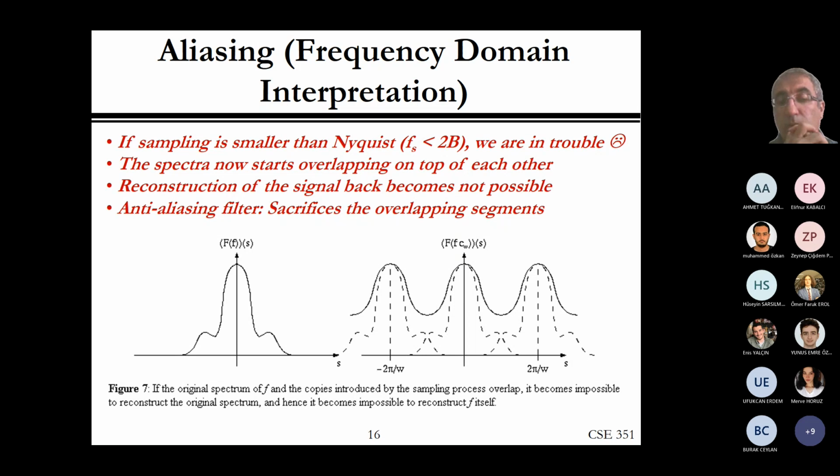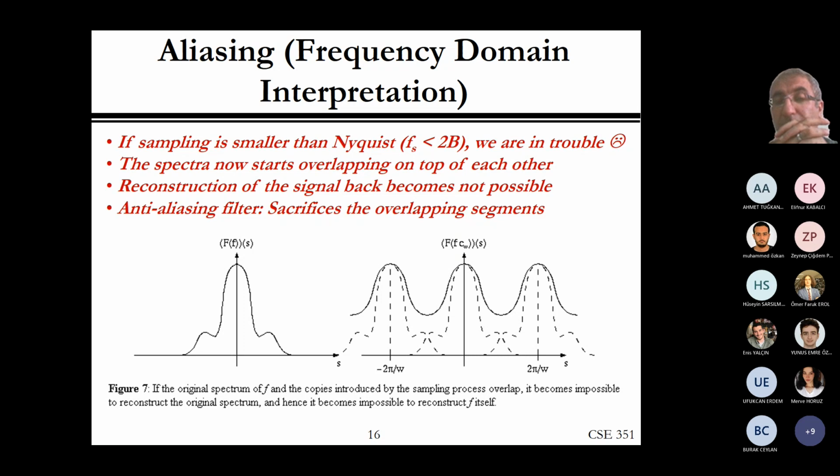So what's the solution to solve this problem? It's called an anti-aliasing filter. The simple idea behind the anti-aliasing filter is this: this problem is called aliasing because the side lobes of the copies start to overlap each other and you lose this part.